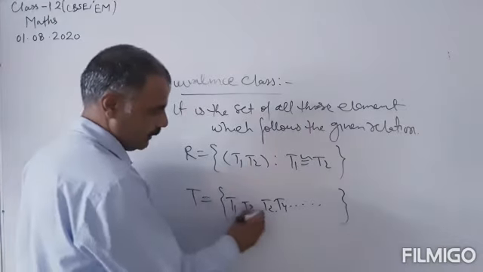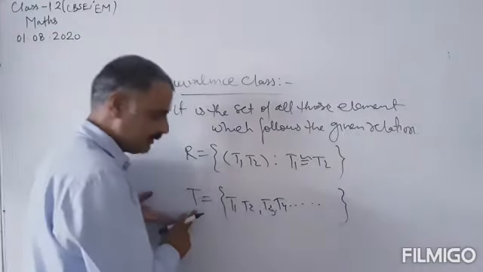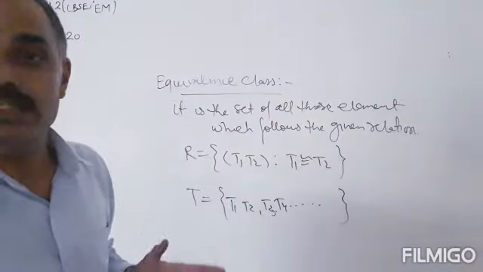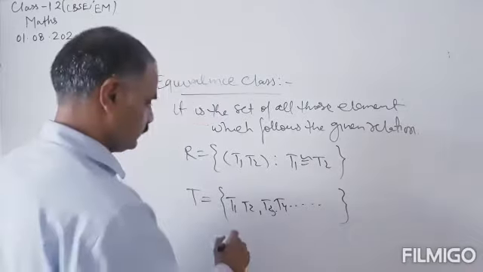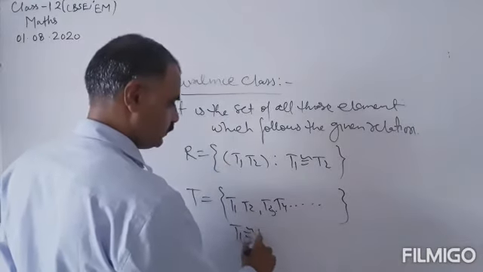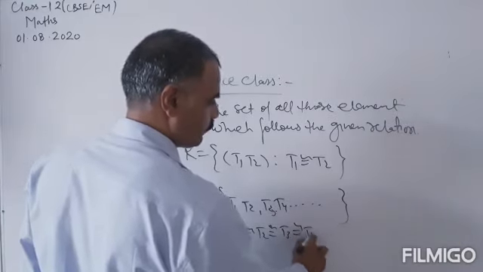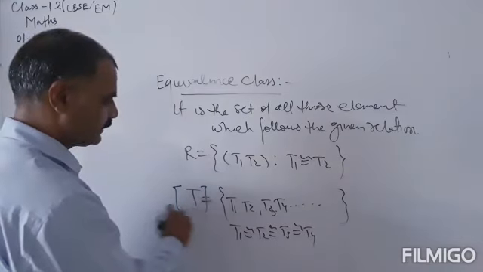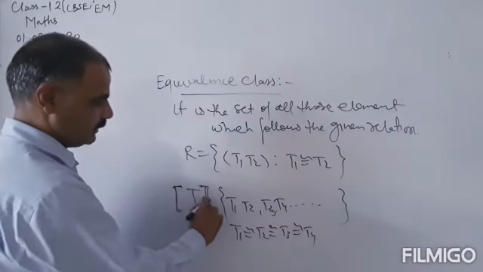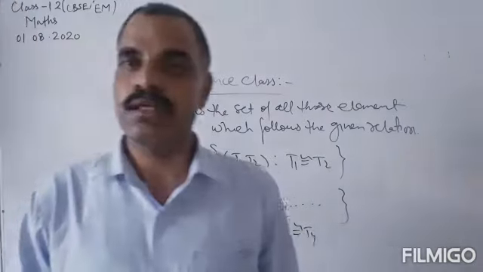The elements in this set are congruent to each other as per the given relation. So T1 is congruent to T2 is congruent to T3 is congruent to T4. The equivalence class is represented with this symbol. Okay, thank you.